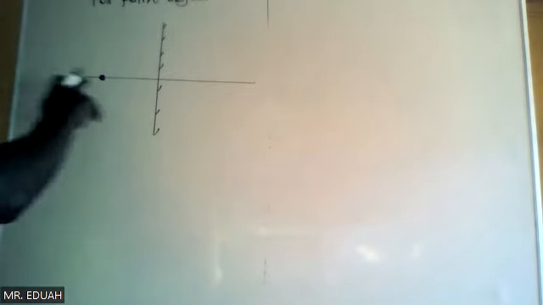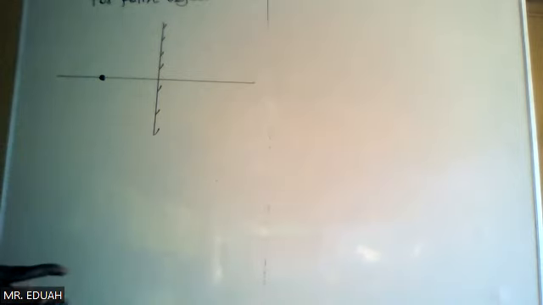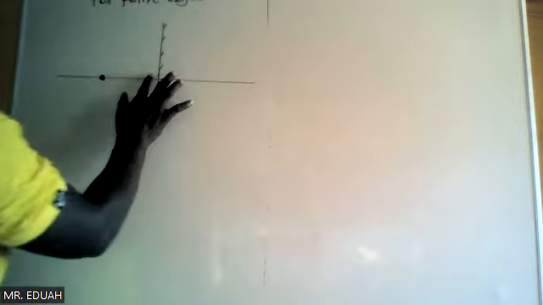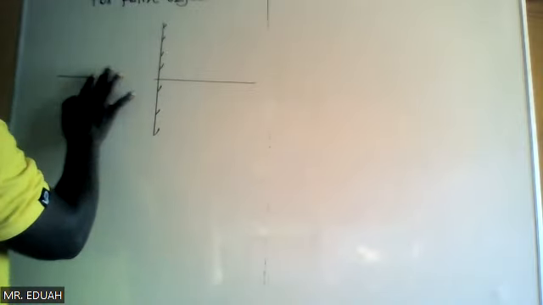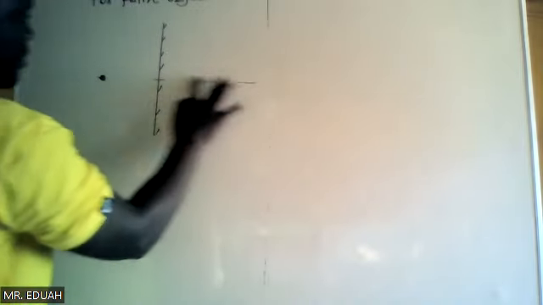So if I have this and I'm asked to draw a ray diagram, let me even clean the horizontal line for the meantime. So we have a point object.